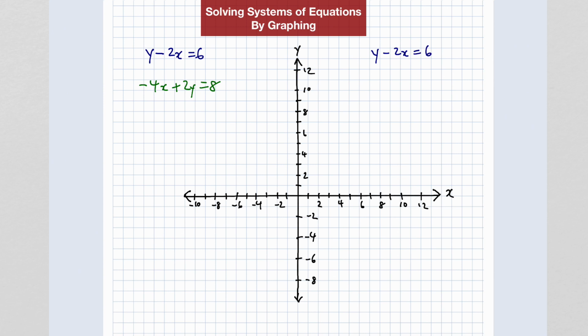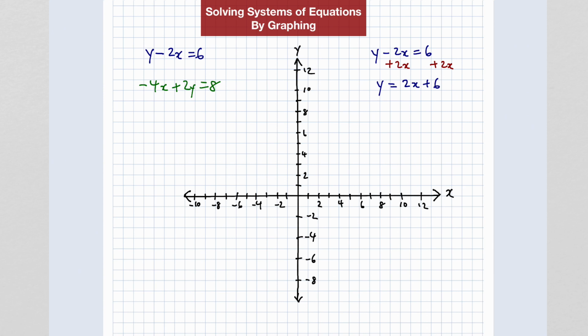Okay, what we can do is move this -2x over to the other side, and we can do that by adding 2x to both sides. And the result is y is equal to 2x plus 6.